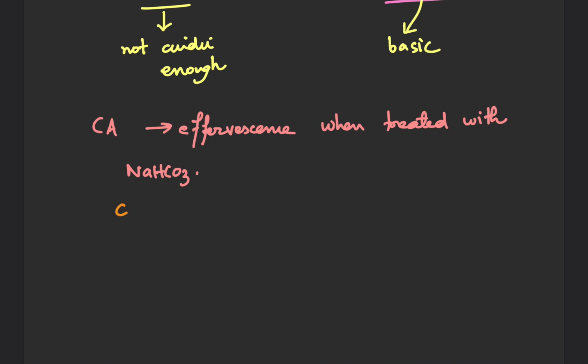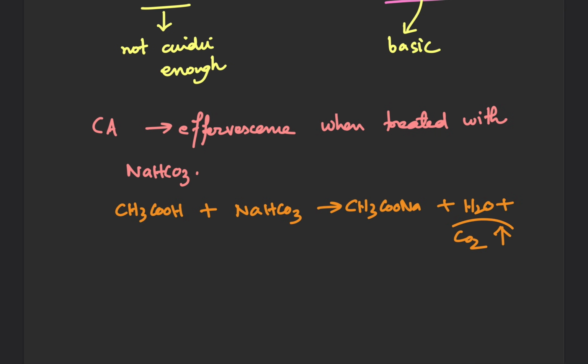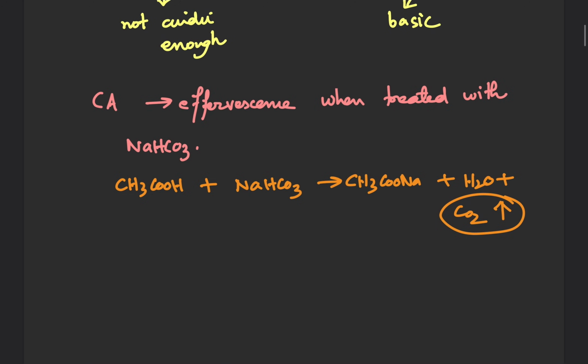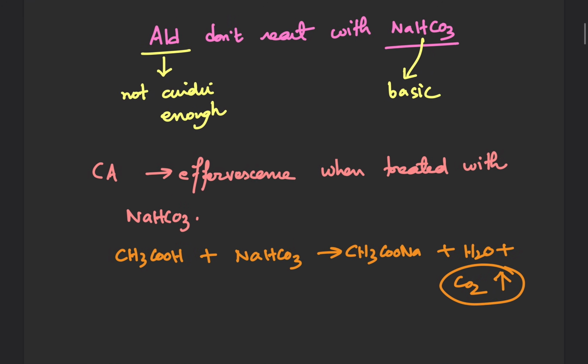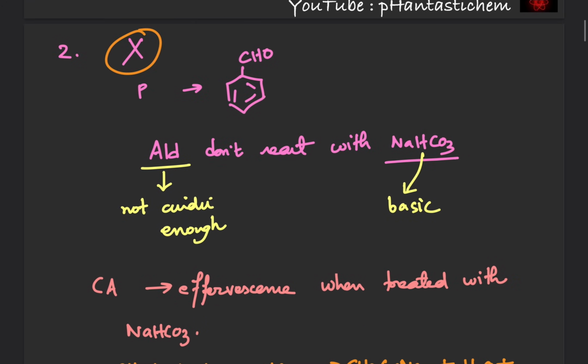Okay, for example, CH3COOH. When we react this with NaHCO3, obviously we'll get the salt CH3COONa plus H2O plus CO2. So this CO2 liberated produces the effervescence or vigorous bubbling. Okay, so therefore 2 is an incorrect statement.